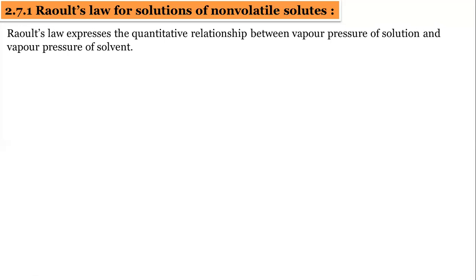Now the concept is clear. Vapor pressure of the solvent is always higher than the vapor pressure of the solution containing non-volatile solute, because the non-volatile solute disturbs the solvent to evaporate. That's why its vapor pressure is less, and vapor pressure of the pure solvent is always higher.